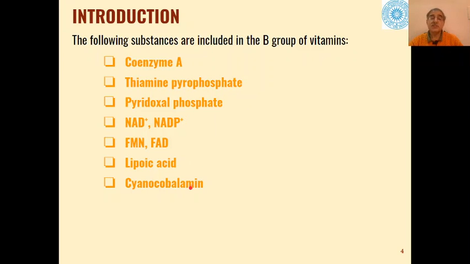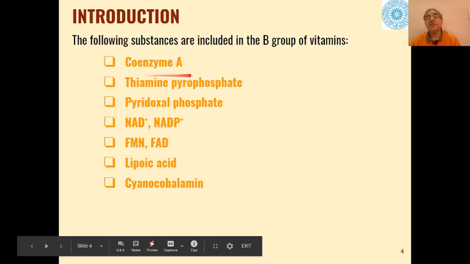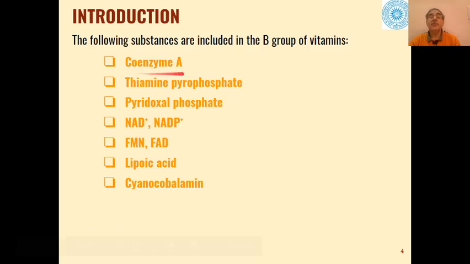All these are the important substances which act as coenzymes in various types of biosynthetic reactions. We will discuss these one by one. In the present lecture, we will be discussing mainly the chemistry of coenzyme A.